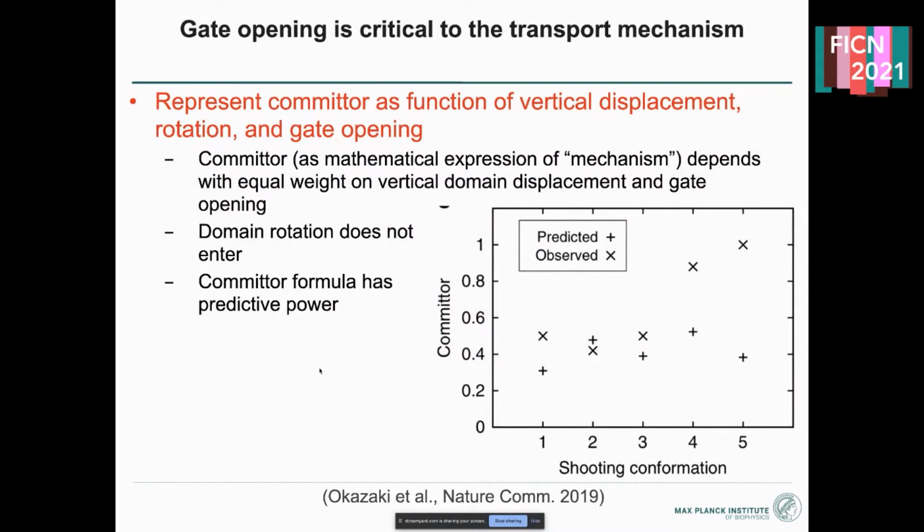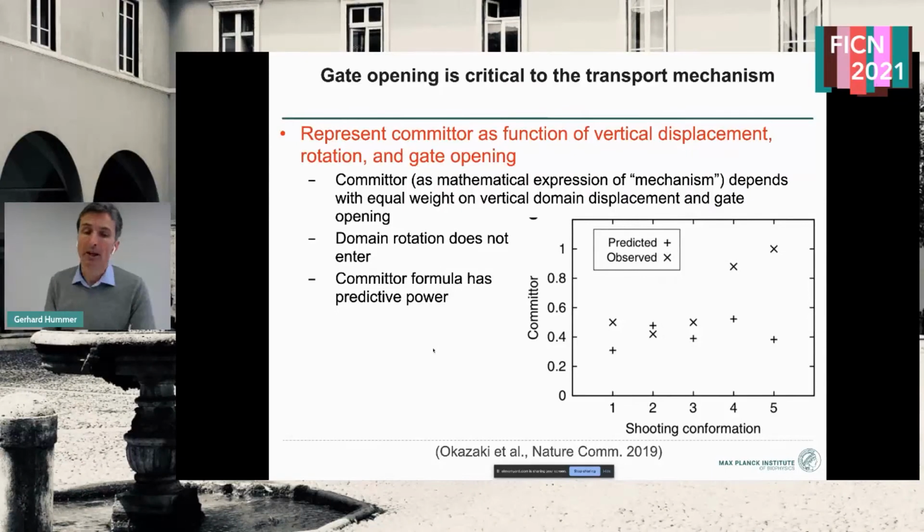And when we then used this as an input in an effort to construct a reaction coordinate of this process, what we found was that it could predict the observed committor values to a significant degree.